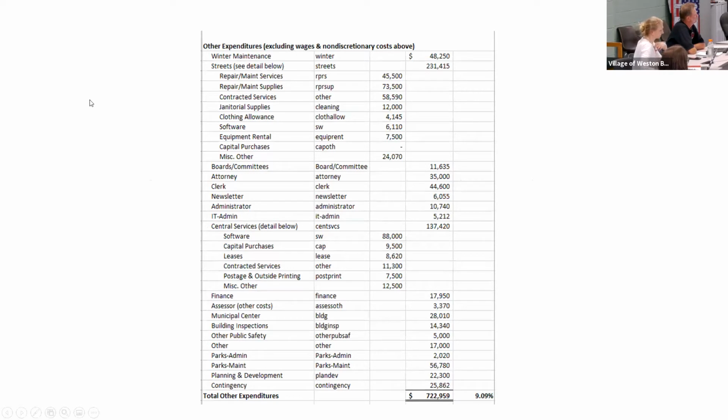These are the discretionary, we label them discretionary, but some of them, like attorney, is a big one on there, $35,000. This year, we are not gonna meet that. I think we went over already.